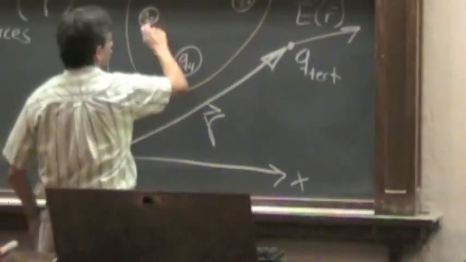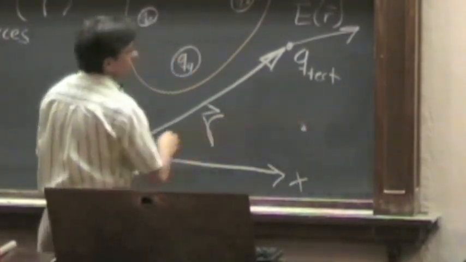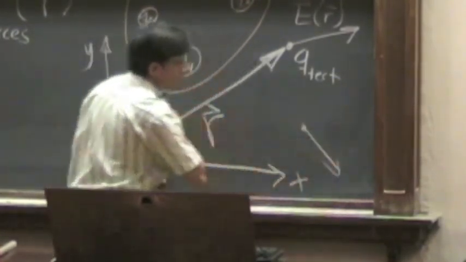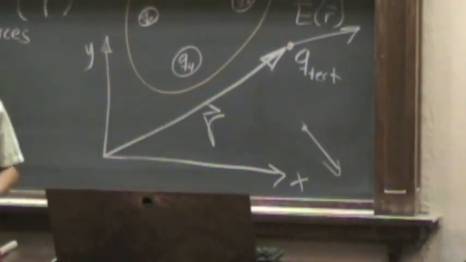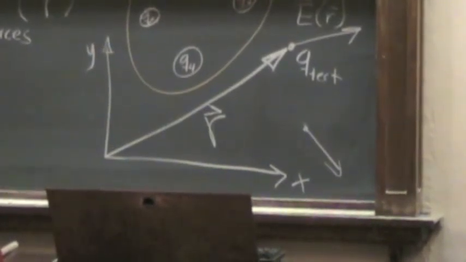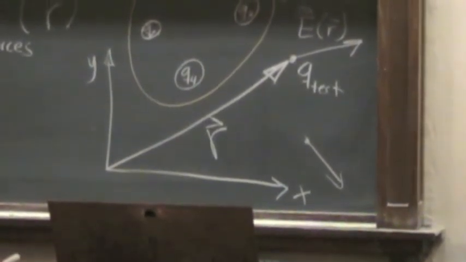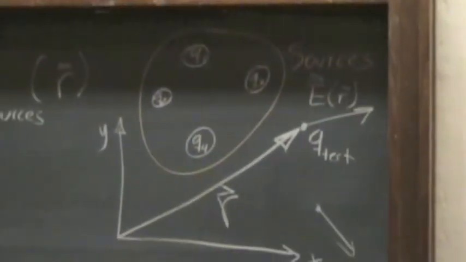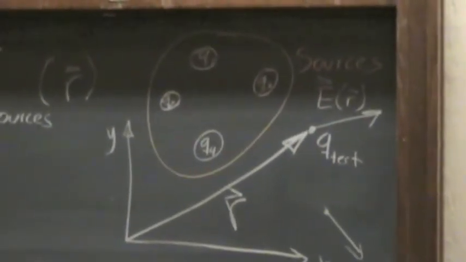So imagine the electric field produced by charges 1, 2, 3, and 4 at any location in space as sort of the resulting wind produced by each one of these charges. It's like each charge is blowing out air in all directions. It could be sucking in air if it's a negative charge. We'll talk about that in a minute.